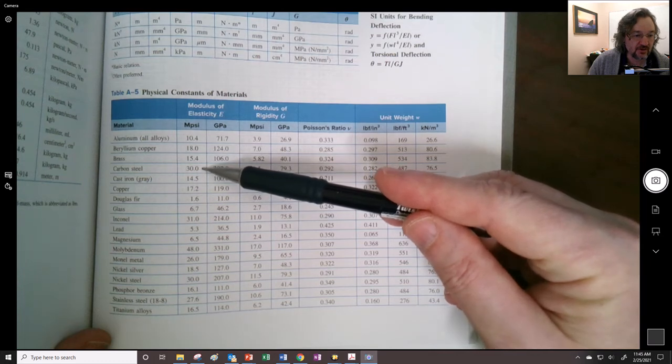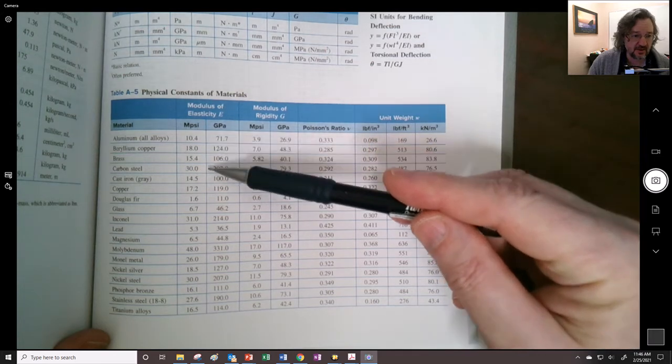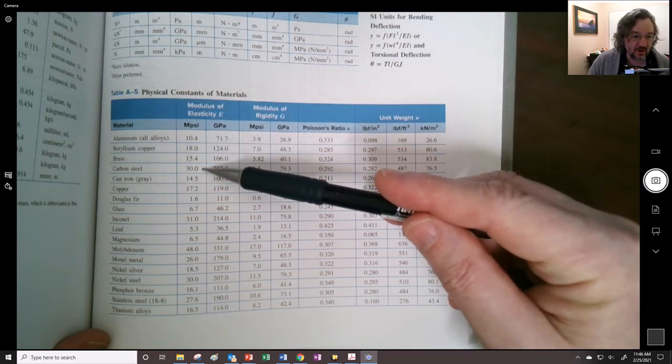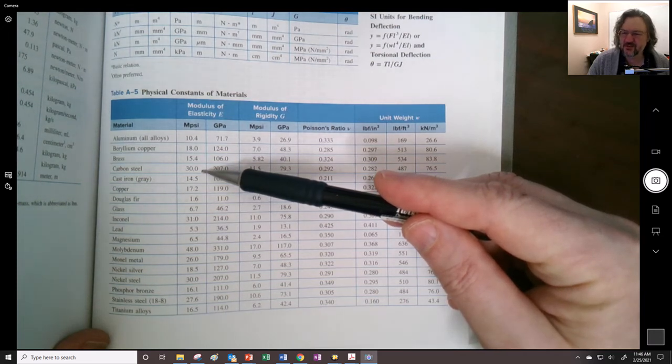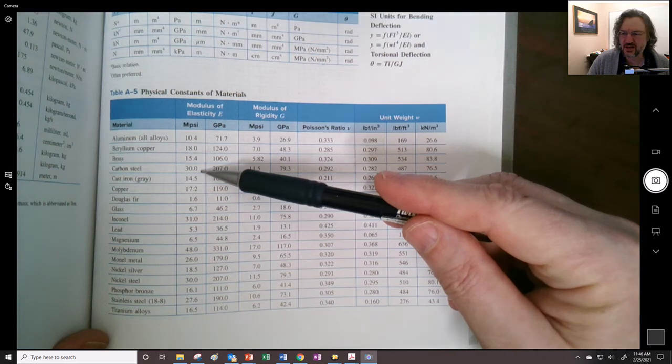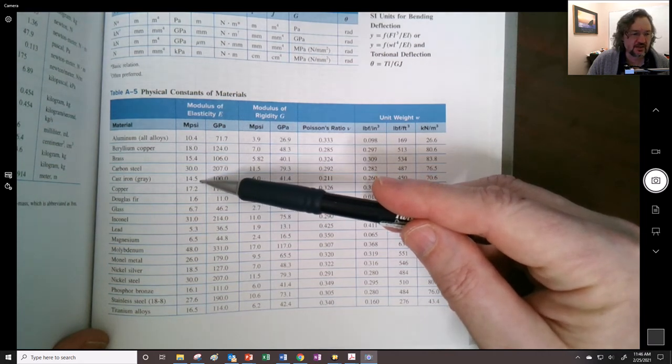They just use 30 mega psi here for our Young's modulus. And you remember that sometimes you use 28.5 and sometimes 29. You'll see it can vary for steel, but a common thing to use in many engineering books is just 30. And you see that cast iron is significantly softer, or more flexible, right?